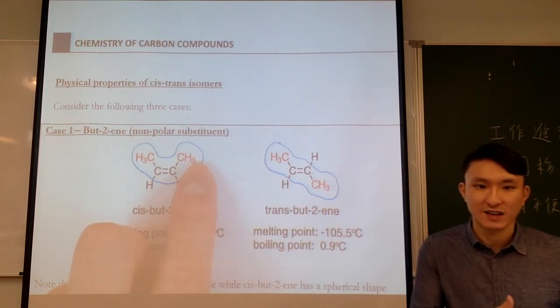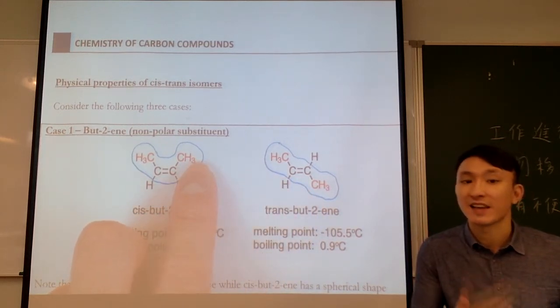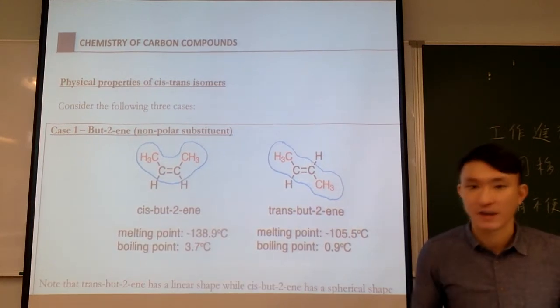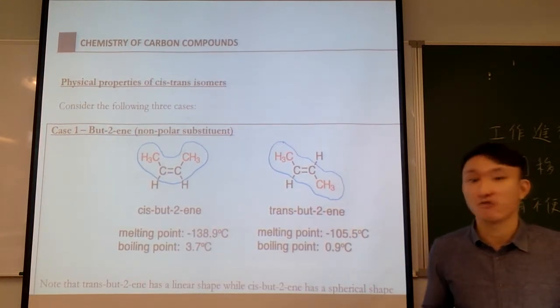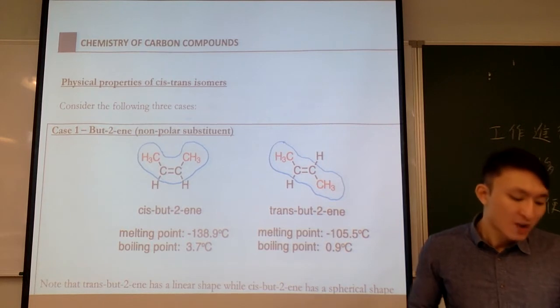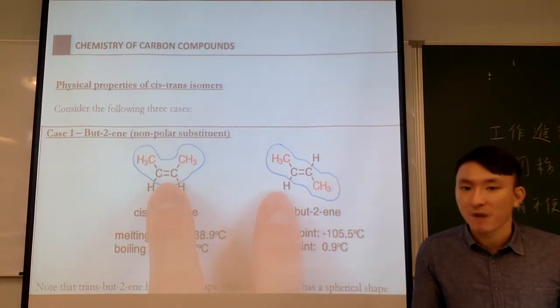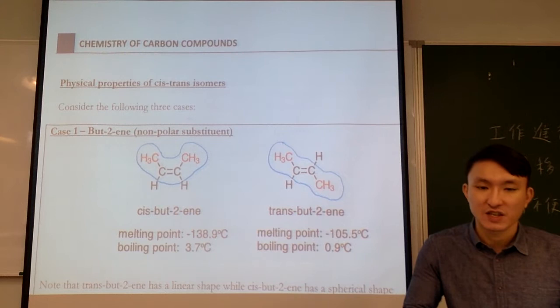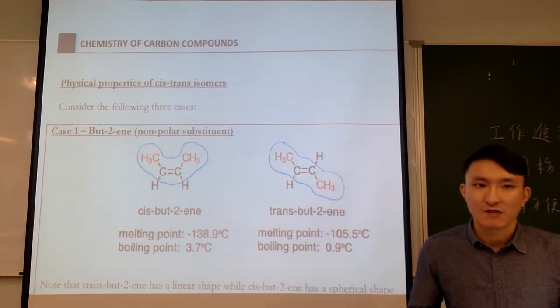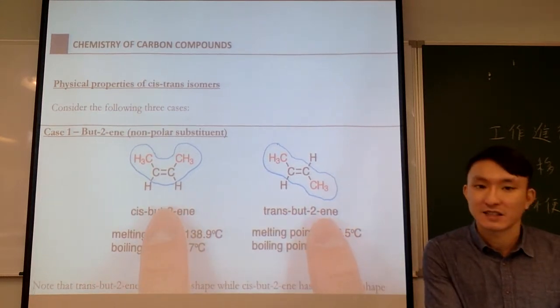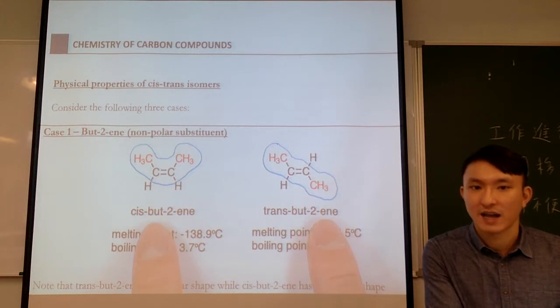Once they are fixed like this, they are fixed forever, unless you break the bond and reform it. But that would be a chemical reaction. Okay, so the double bond does not allow bond rotation, and therefore results in the existence of cis-trans isomers.